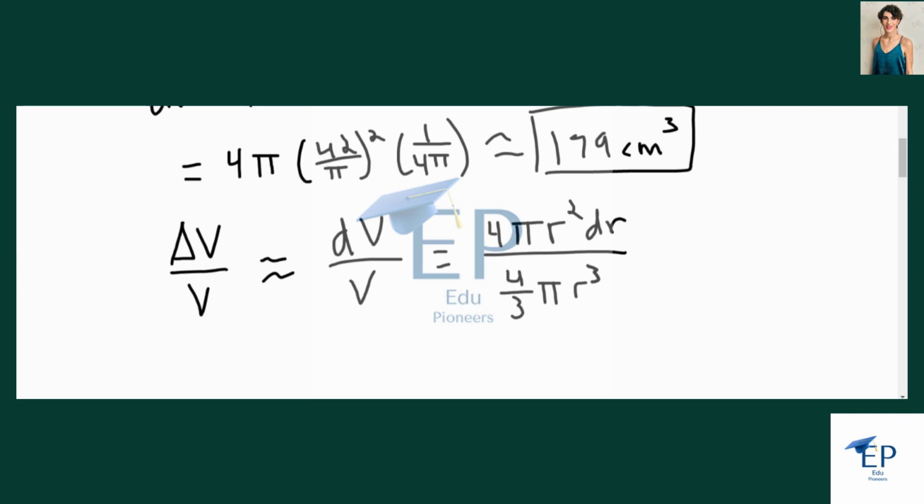And all that simplified comes out to be 3 dr over r.